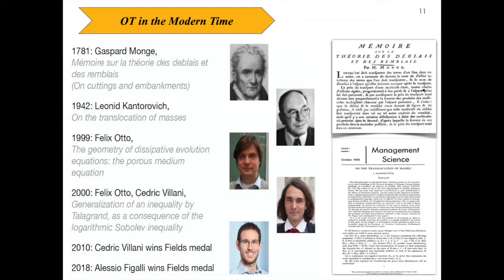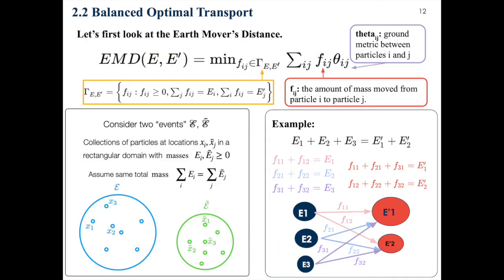And since then, many Fields medals have been given to mathematicians working on this problem. And recent years have really witnessed a surge of new interest in optimal transport thanks to its connection to machine learning. So the field of optimal transport is, of course, very vast, but for our own purpose, we will just break it down into two categories: the balanced optimal transport and its generalization to the unbalanced case.